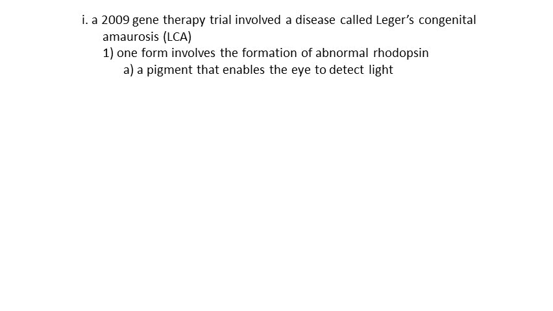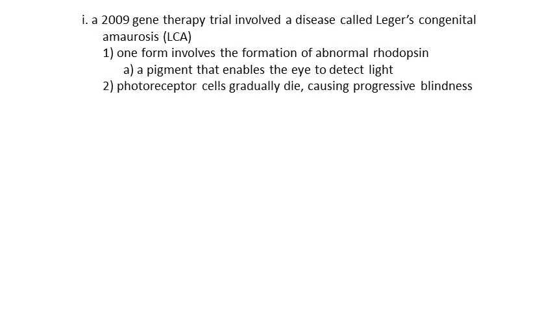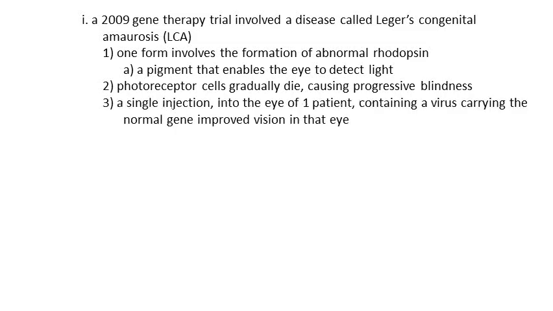And what happens with individuals with this form of LCA is that their photoreceptor cells gradually die, and so they become progressively blind. Now, in this trial, they injected a patient with a single injection containing a virus that was carrying a normal gene that would improve the vision in the eye.